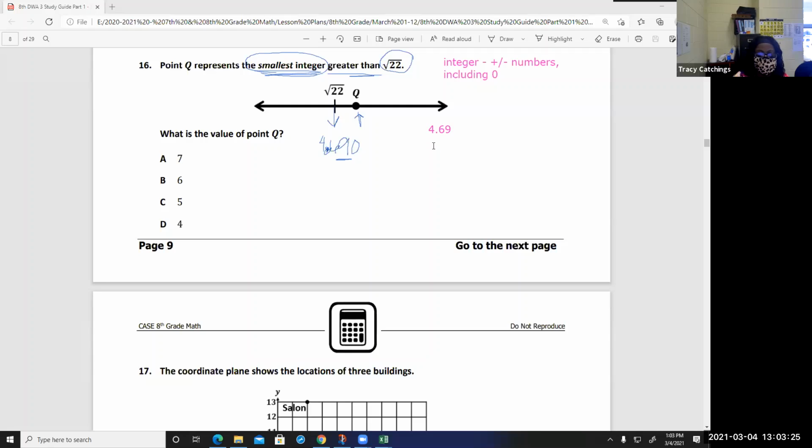All right, what whole number we got now? All right, now we got 4. So if I go over a little bit more, what am I going to end up at? Remember they said the smallest integer that's right next to it, greater than it.